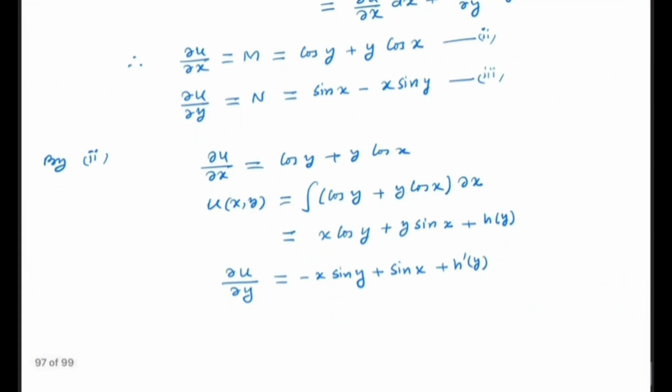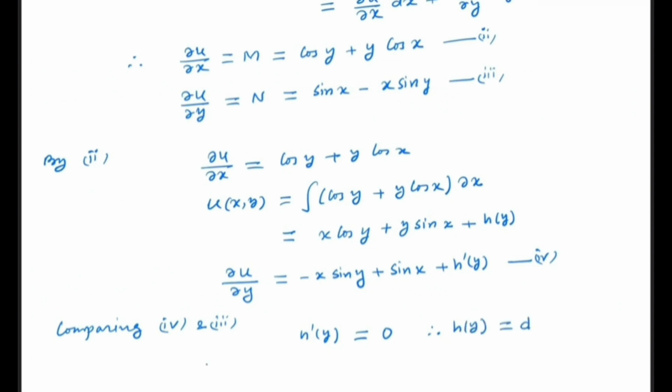Now, if we compare this equation number 4 with 3, we must have h'(y) equal to 0. So we have h(y) equal to some constant d. So the required function u(x,y) is x cos y + y sin x + d.